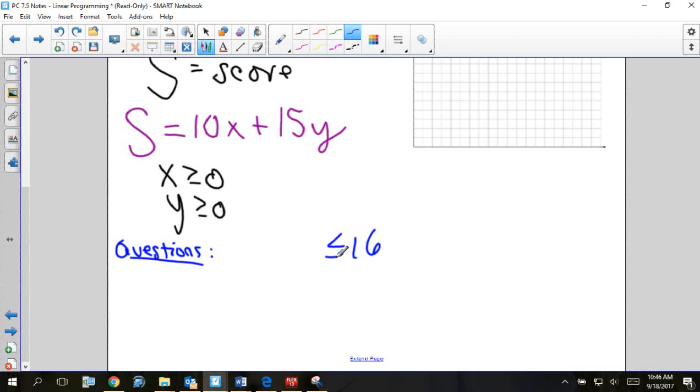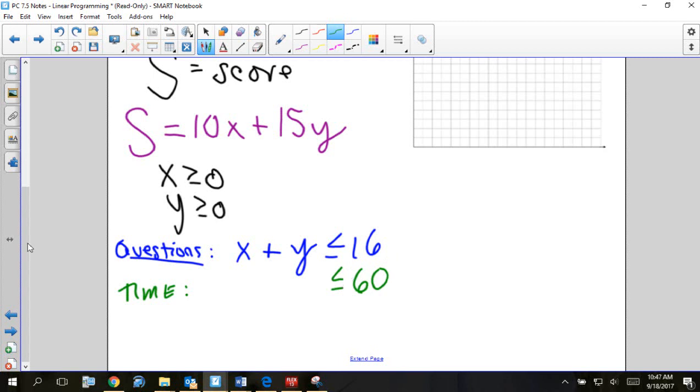The number of questions that you answer, and you're going to answer some x's and some y's, so x plus y. And what's the other category up there? What other maximum do we have up there? Time. So time has a constraint of 60 minutes.